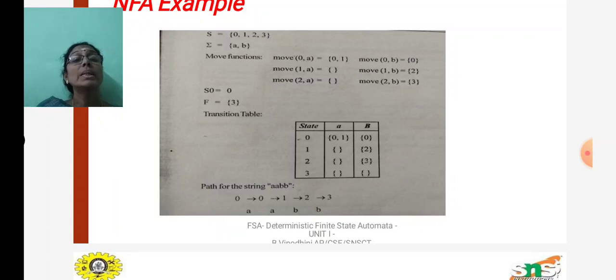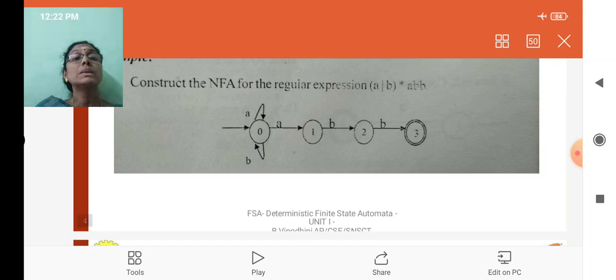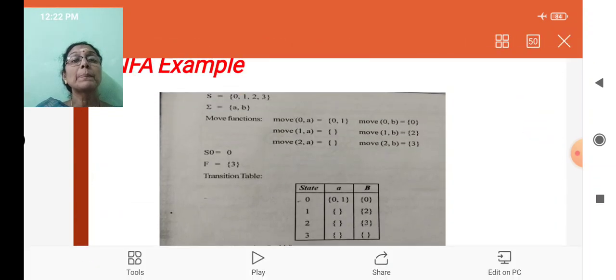When you read a, it goes to either 0 or 1, and when you read b, it goes to the 0th state. From state 1, there is no transition on a, we only have b, and also in states 2 and 3 we have an input symbol b. So this diagram is represented using the transition table.